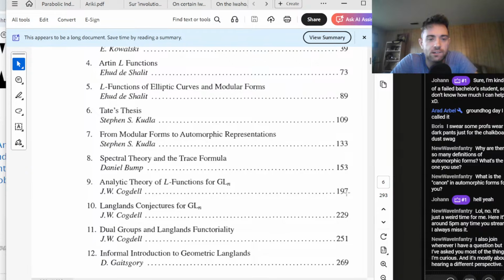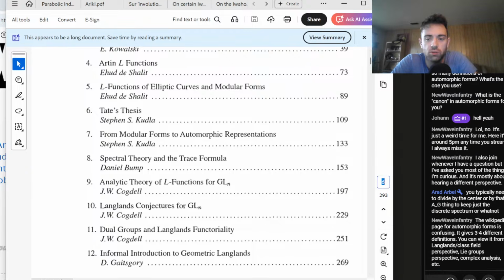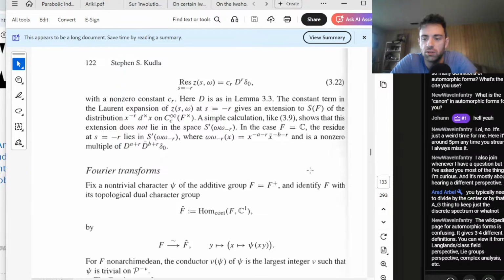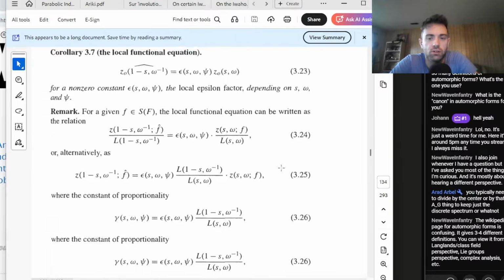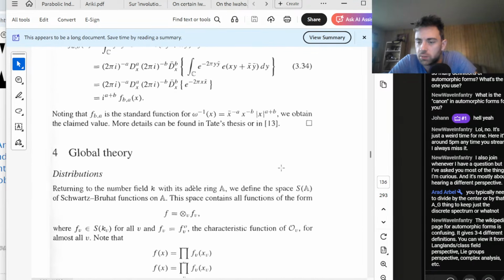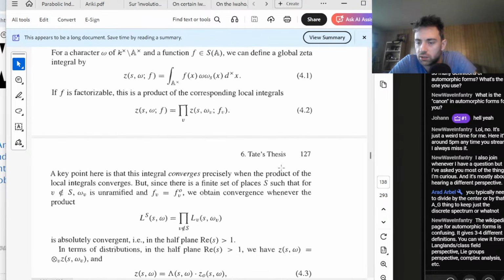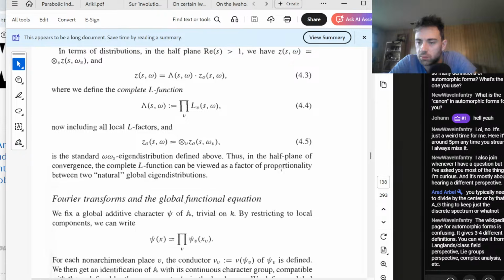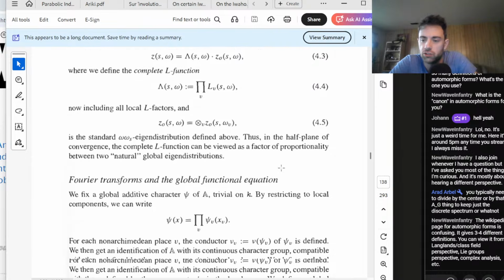Where would it be? Modular forms to automorphic representation? Or maybe it's in Kudla's article here. Right. Typically divide out by the center, or that AG thing. Yeah, that's what I'm thinking of. The Wikipedia page for automorphic forms is confusing. Okay, I'll check that out in a second.